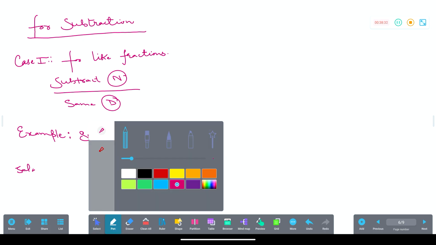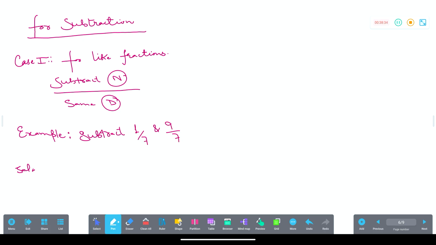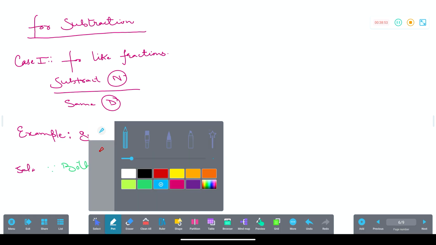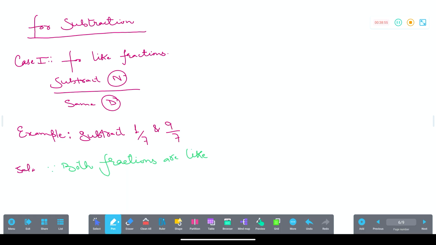What you have to do, since both fractions are like, is subtract their numerators and keep the denominator the same.